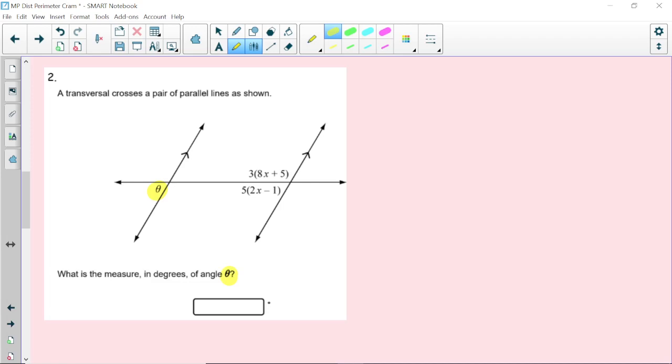So to find out theta, I need to make a connection with another angle here. I'm looking at this 5 parentheses 2x minus 1. And I know that those two angles are corresponding angles.